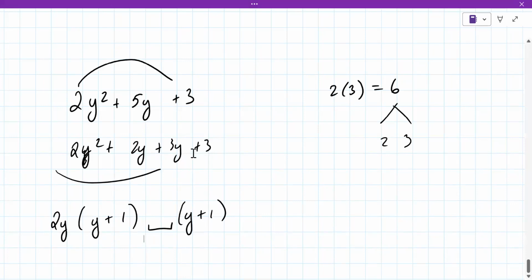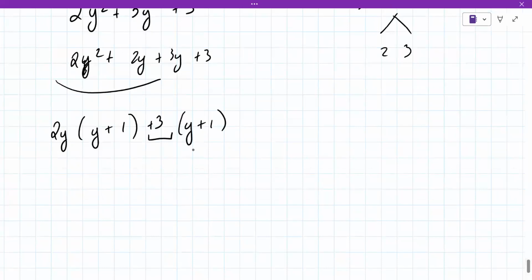Oh, that would be 3. Okay. So now you're almost there. What's the final step here? You would just do y plus 1 in parentheses, then 2y plus 3 in parentheses. You got it. All right, very good. We're going to go ahead and stop right there for tonight.